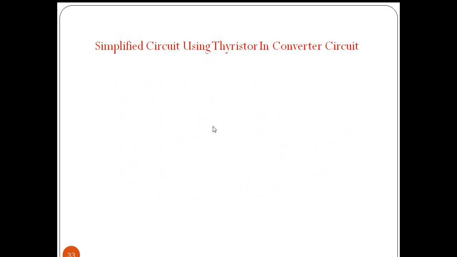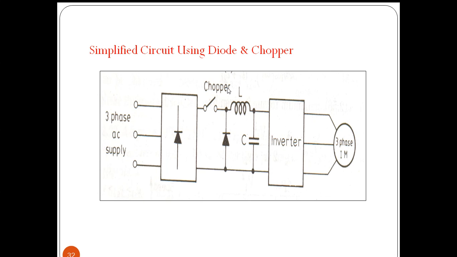This controlled DC will be given as input to the filter circuit. This filter circuit will remove the harmonic components and other pulses which are coming from the converter circuit and chopper circuit. Again, it will be sent to the inverter circuit, and this inverter will convert the produced DC to AC, and again it will be given as input to the three-phase induction motor.